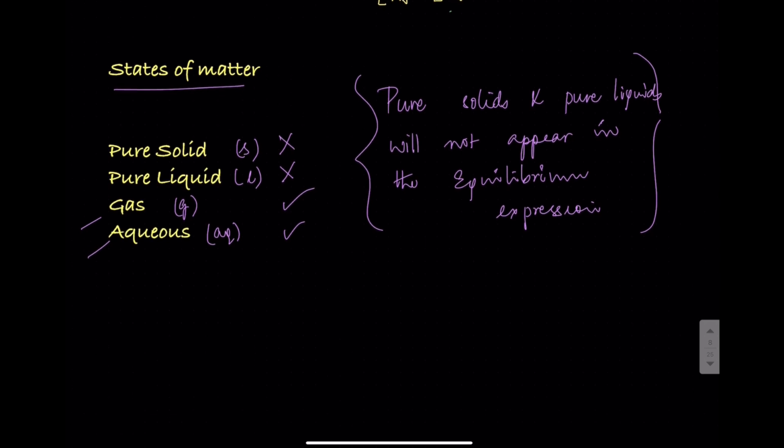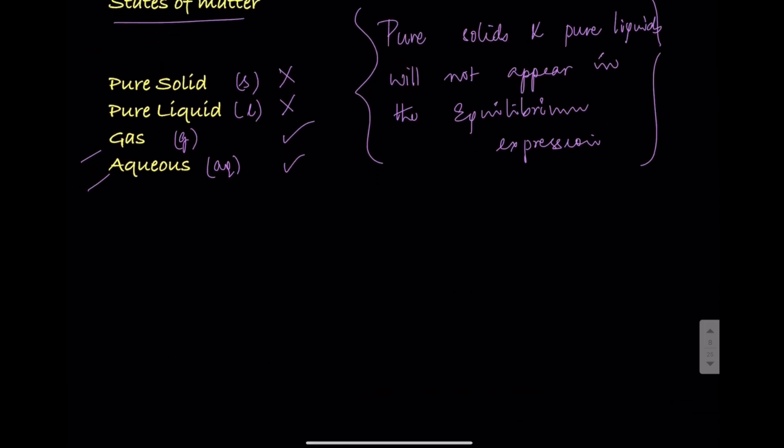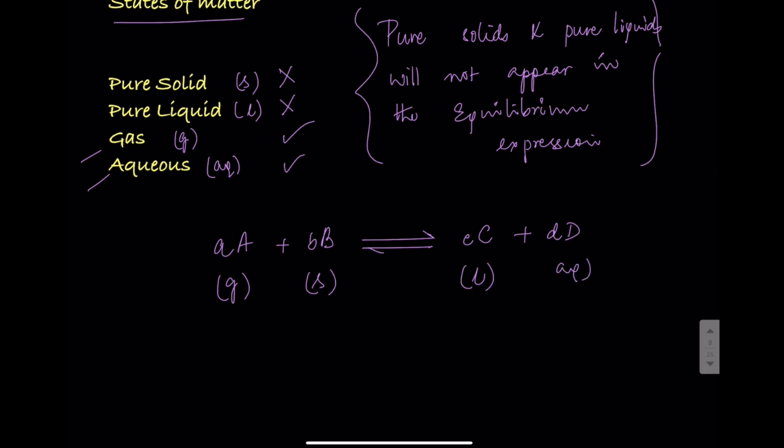So if I were to have something like aA, let's say we have this equilibrium reaction. Let's say this is gas, this is solid, this is liquid, and this is aqueous.